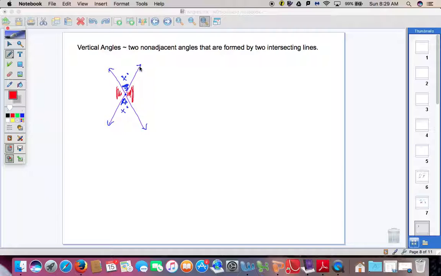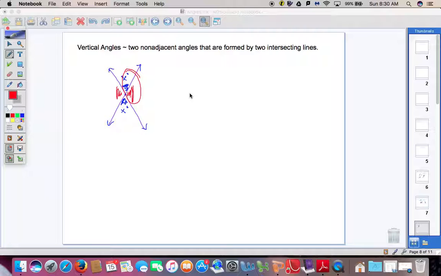Okay, and let's just look at this set of angles here. Well, we've got these two sets of vertical angles, but each piece, like we've got the blue and the red, together they make a linear pair. And on the other side, we've got a blue and a red, and they make a linear pair.